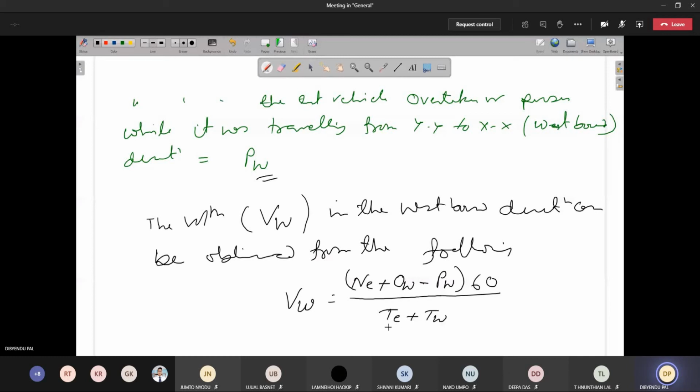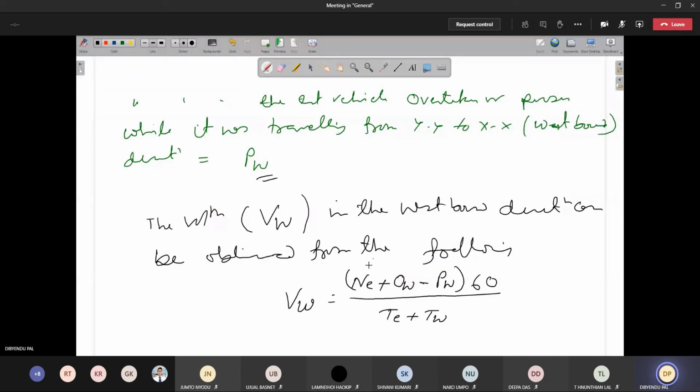What was the T? TE is the travel time in east direction. TW is the travel time in west direction. OW is the number of vehicles that has overtaken the test vehicle. PW is the number of vehicles that test vehicle has overtaken. And NE is the number of vehicles counted when the test vehicle was going eastward, but they were traveling on the opposite lane. That's why it is denoted by E, because the symbols are given in terms of the test vehicle.